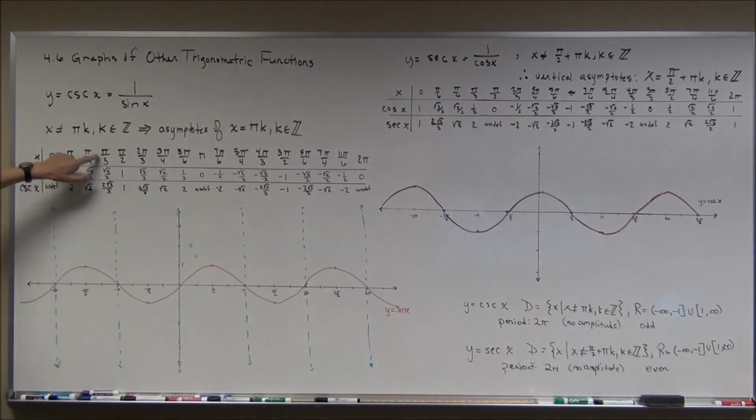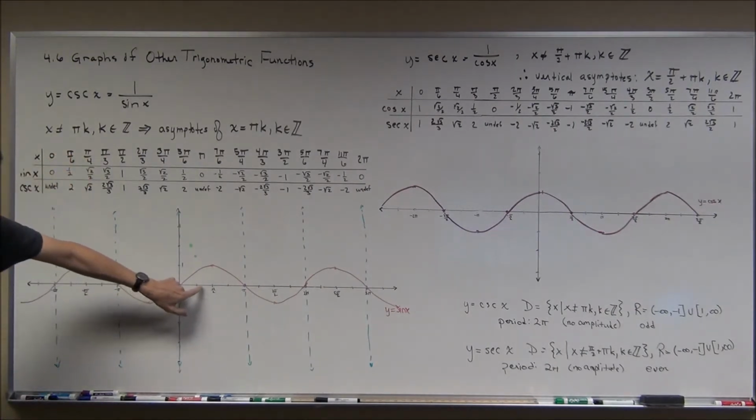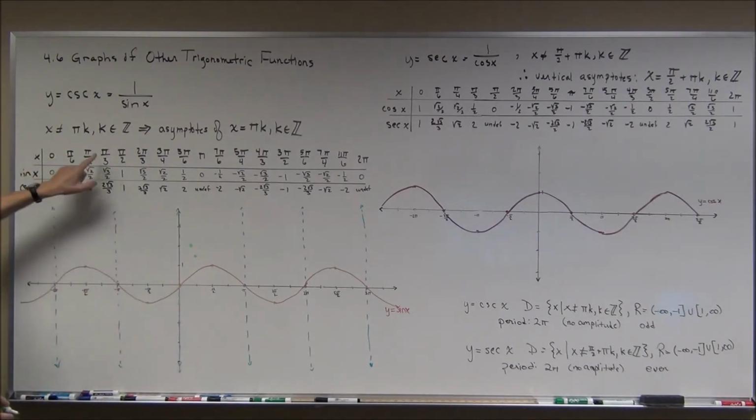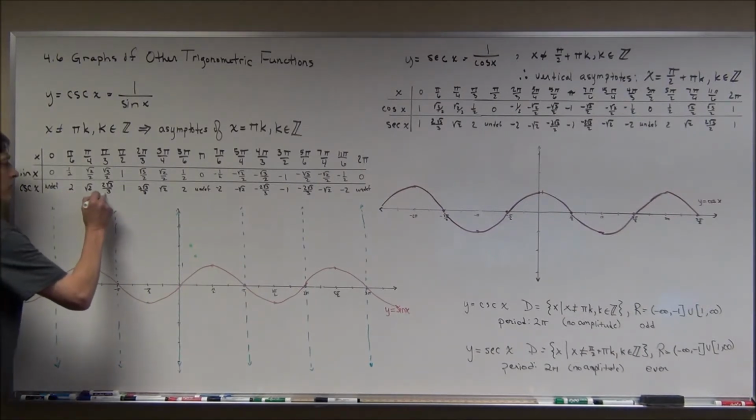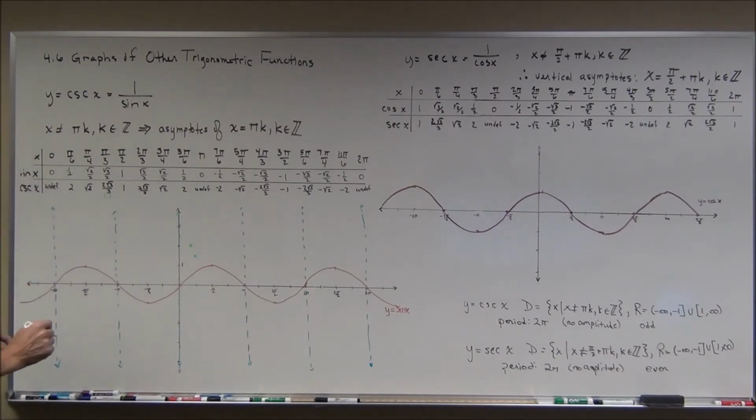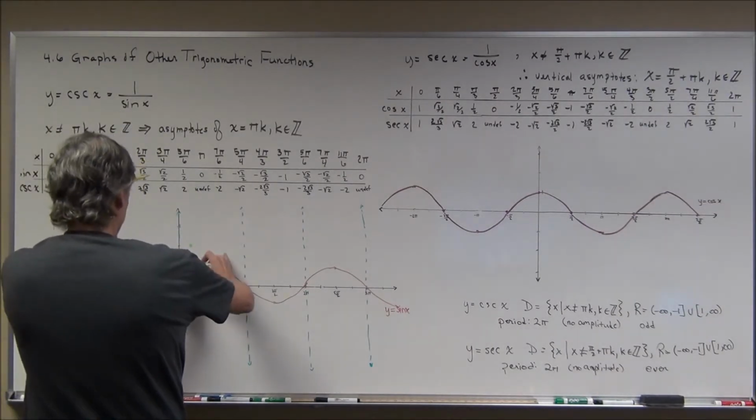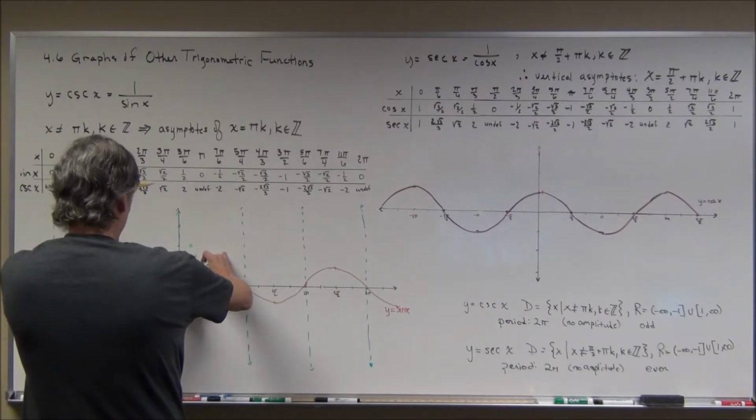And then at pi over 3, which is about here on the x-axis, I'm at 2 square roots of 3 over 3. Now the square root of 3 is about 1.7. 2 times 1.7 is 3.4. Divided by 3 would be about 1.1, approximately. I'll write that underneath here. About 1.1. So, at about here, I'm way down here.